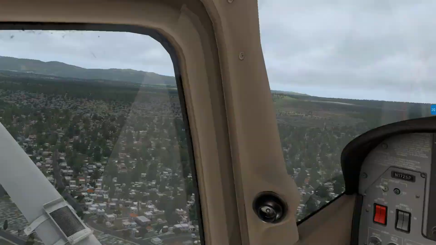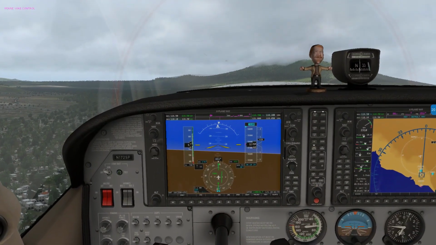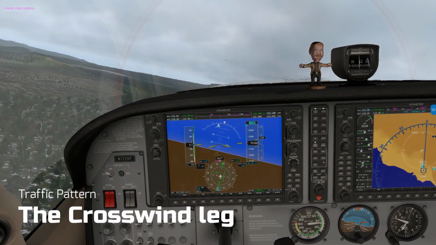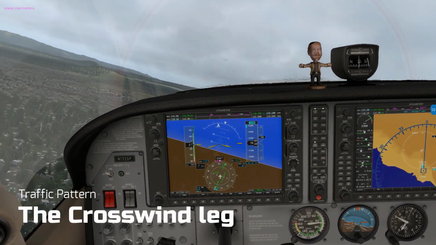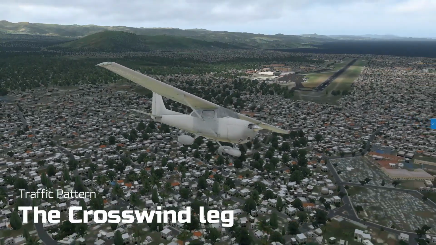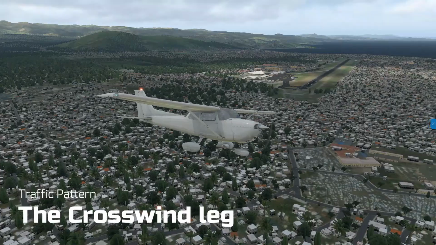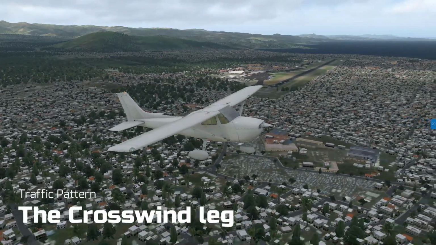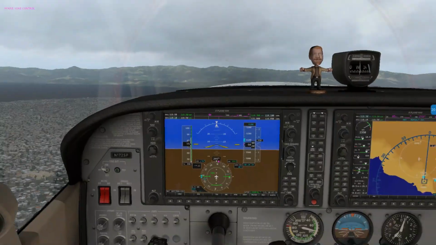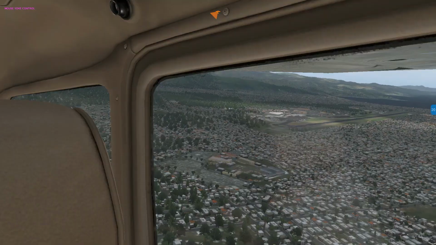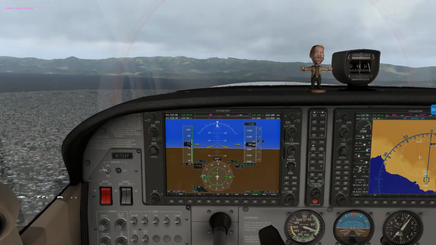Alright, we are still climbing, but we have reached our turning point. So let's turn to the crosswind. Our target heading is 265 degrees. And we have reached our pattern altitude, and just in time we are 45 degrees from the runway.